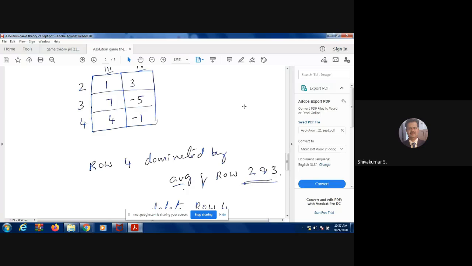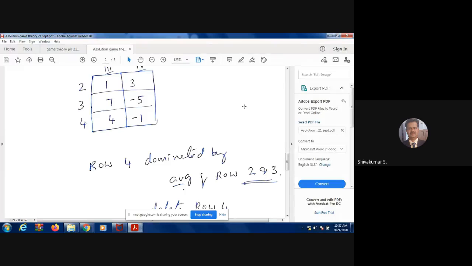So take the average now. 1 plus 7, that is 8 by 2, you get the fourth value. Okay, 7 plus 1, 8, divided by 2, the average value is 4 only. Next, the second column, minus 5, 3, minus 2, divided by 2, we are going to get minus 1. So the average values of 2, 3 are 4 and minus 1.